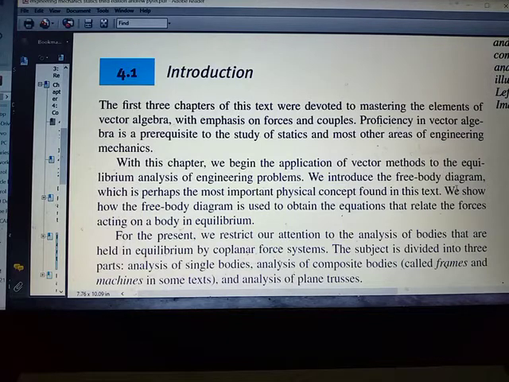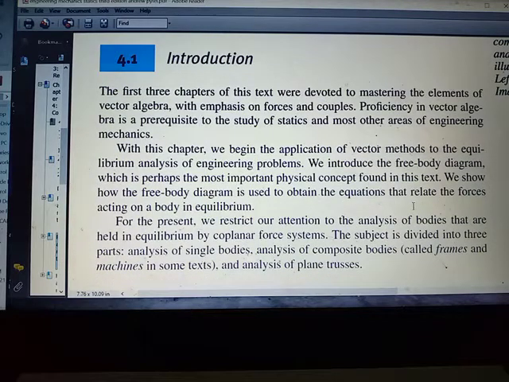As we go on, maintindihan natin yung ano yung free body diagram, which is perhaps the most important physical concept found in this text. So, yung pinaka-importante dito is malaman natin kung paano gawin yung free body diagram na yan.